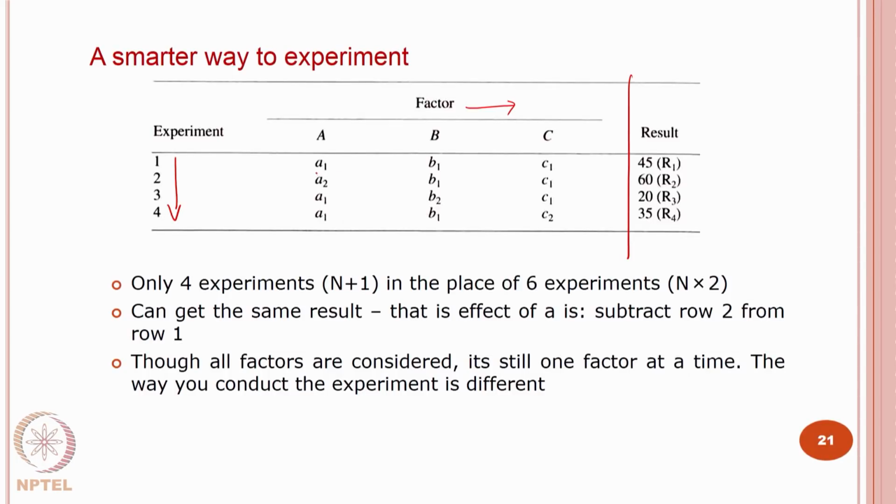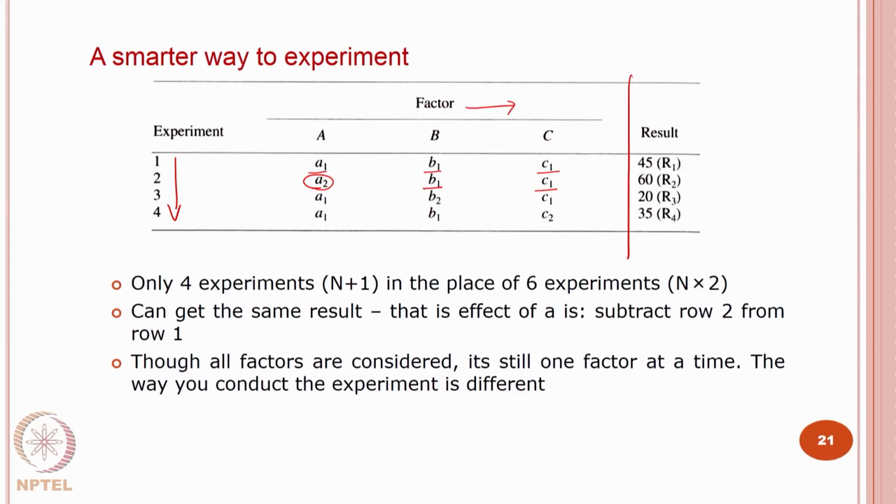Now, look at the way that the experiments are conducted. Level 1 of A, level 1 of B, level 1 of C. Please note, I am fixing B1 and C1 and changing only A to A2.